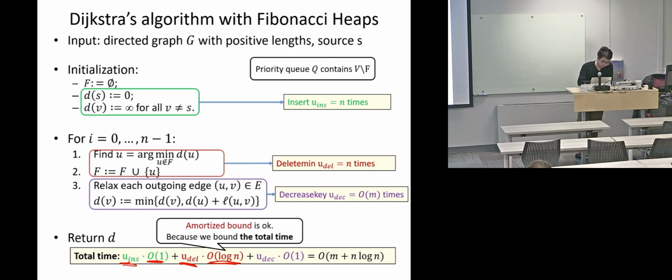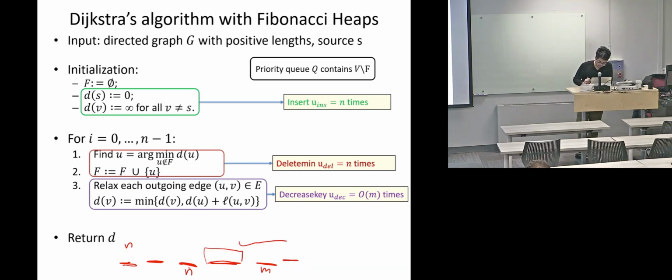And this is an amortized bound, right? We have log n amortized cost, but this is okay because we just look at the total time. There are n inserts, n delete mins, and m decrease keys. Each decrease key takes O(1).